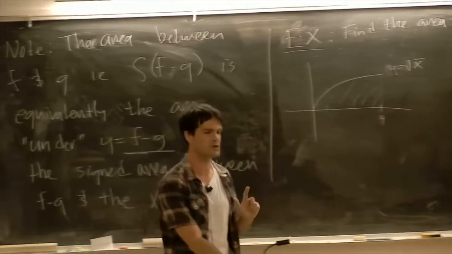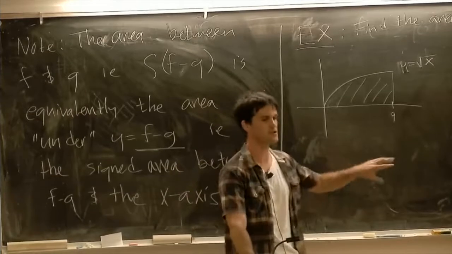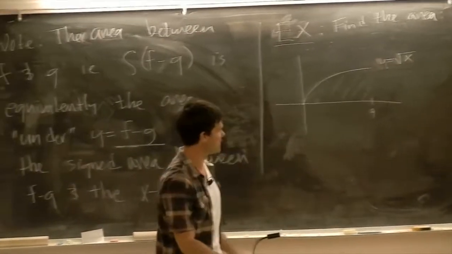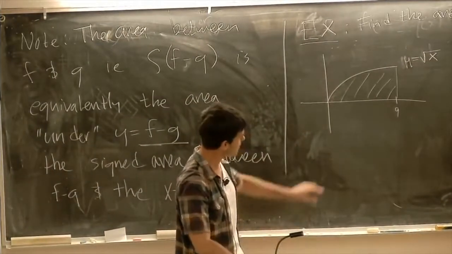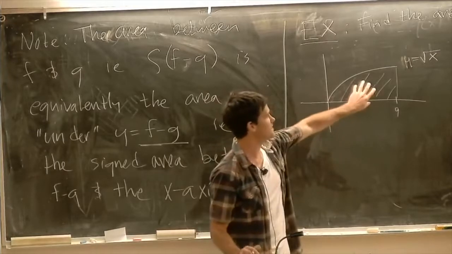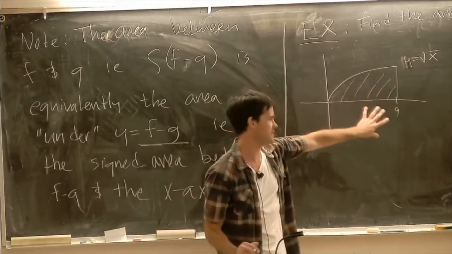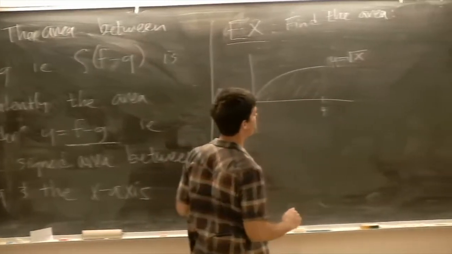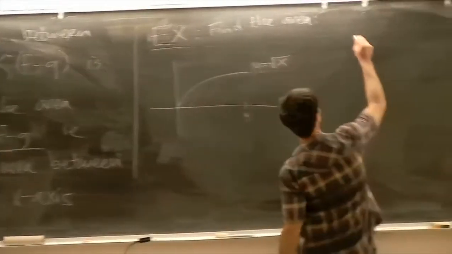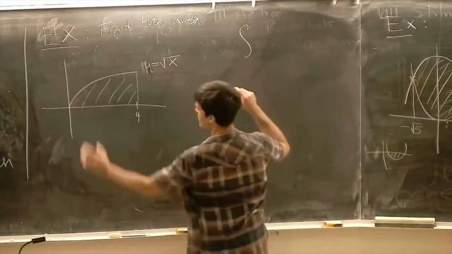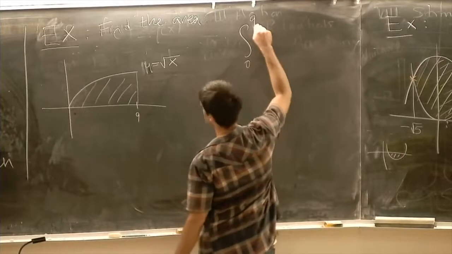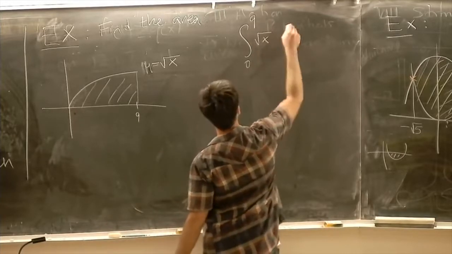This example is going to introduce another technique that you can use in evaluating these. We can get this area that I'm asking for pretty easily using what we already know. It's going to be the integral from 0 to 9 of square root x dx.